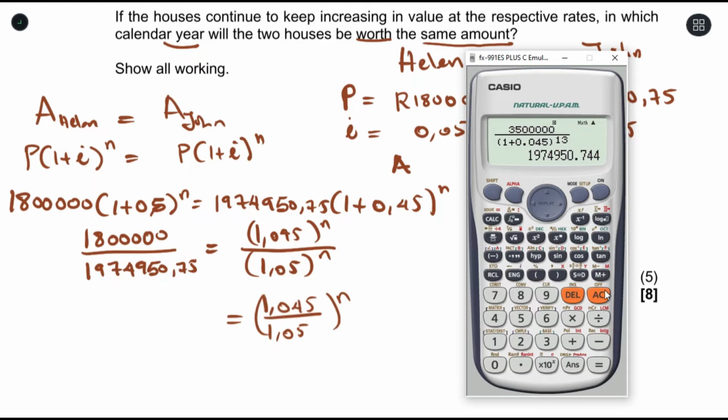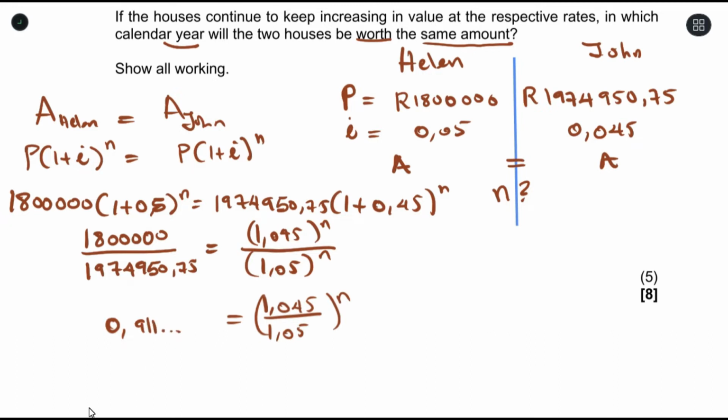We would have 1800 over the other value, and this here is 0.911.